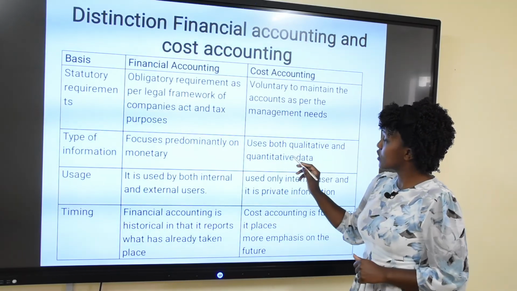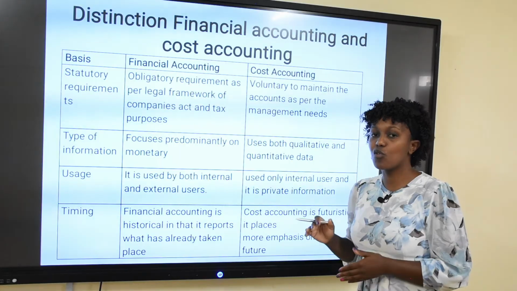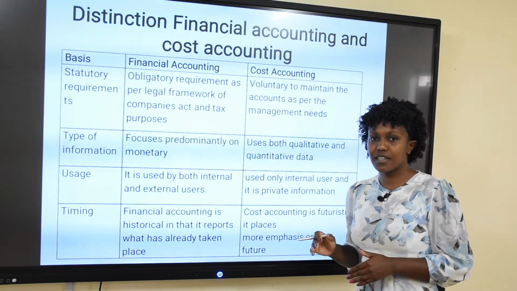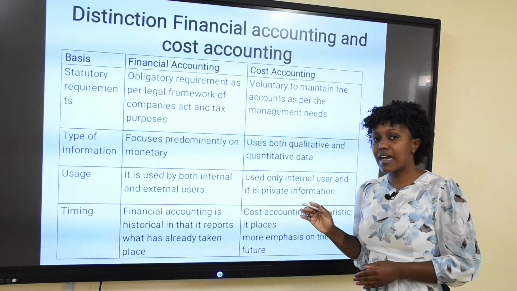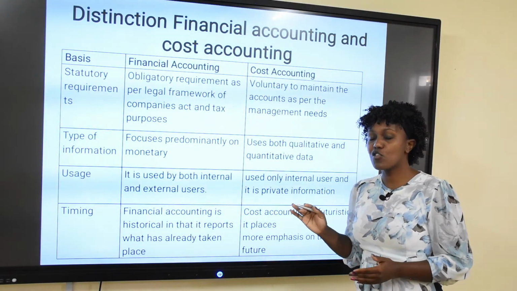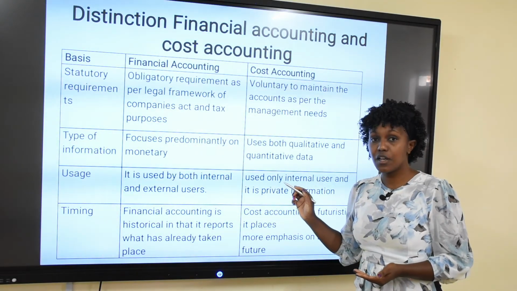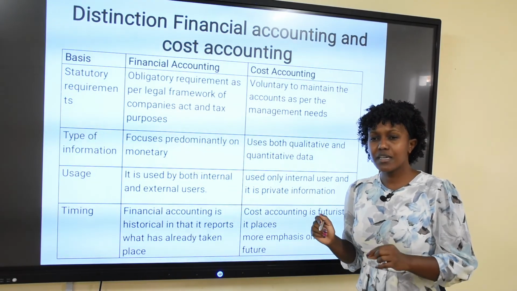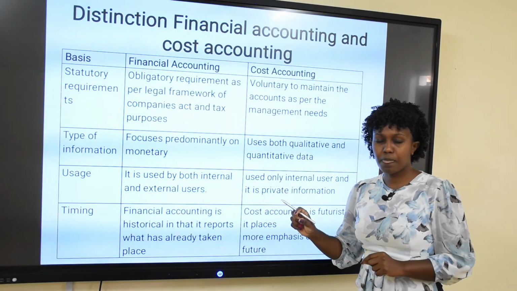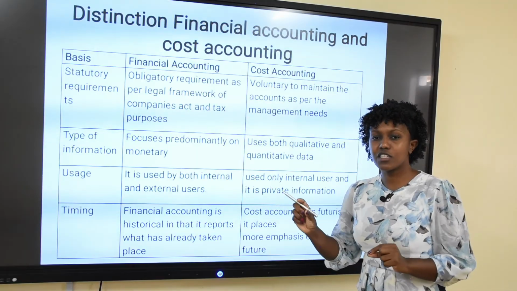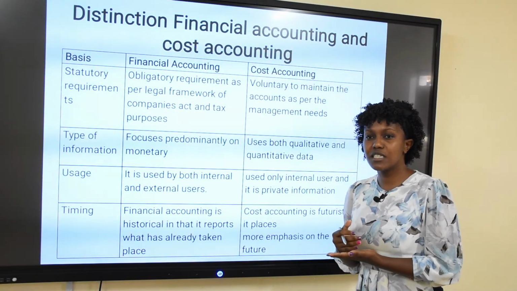When you look at cost accounting, it focuses on both the quantitative and qualitative characteristics. Key decisions in cost accounting do not simply rely on monetary data. They also rely on qualitative characteristics. For example, when you are making a decision whether to make a product or to buy a product, despite looking at the cost characteristics of either decision, you also have to look at qualitative characteristics.